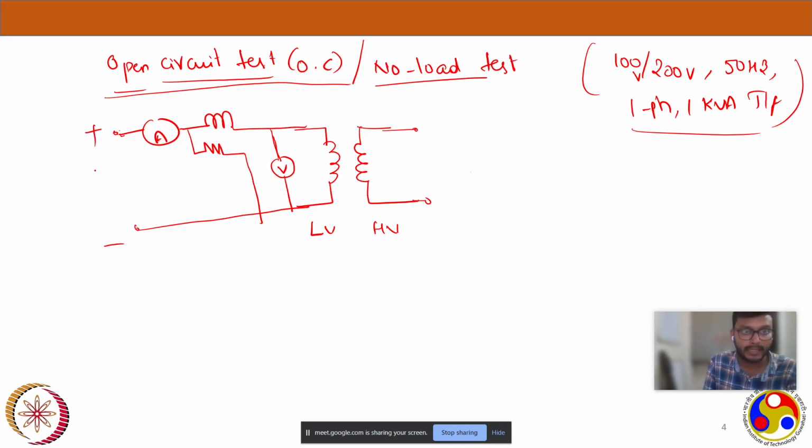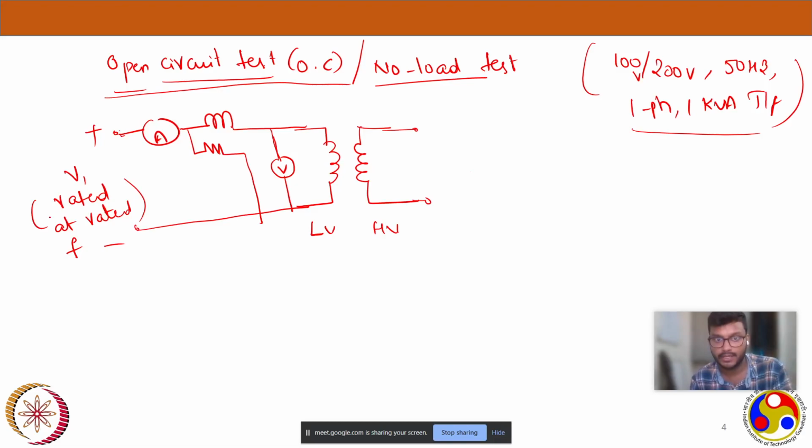Now at this input we have to give the supply. I am giving the full V1, that is rated primary voltage at rated frequency. So how much is the rated voltage in the primary side? That is LV side, 100 volts.